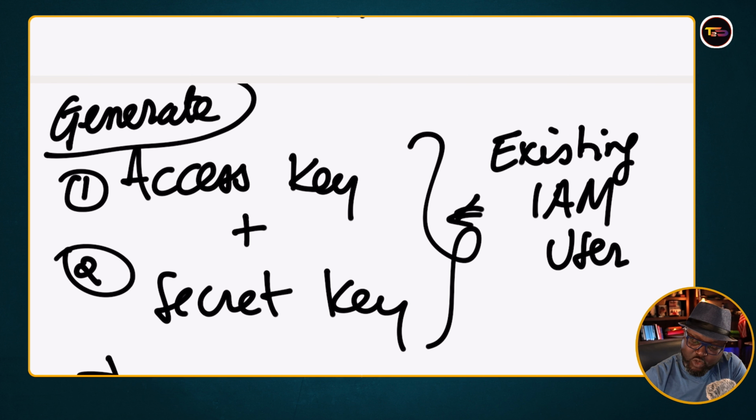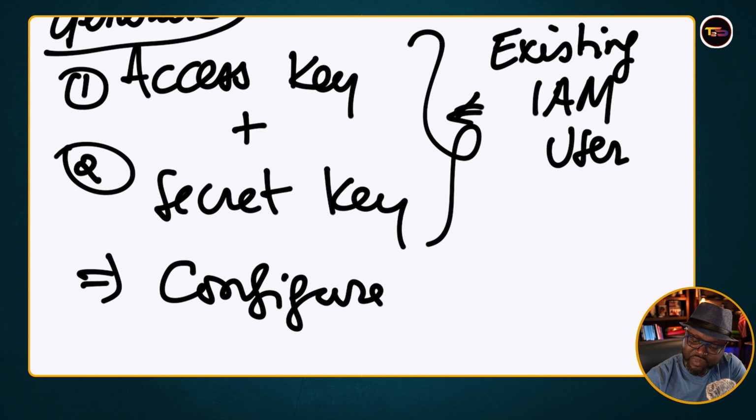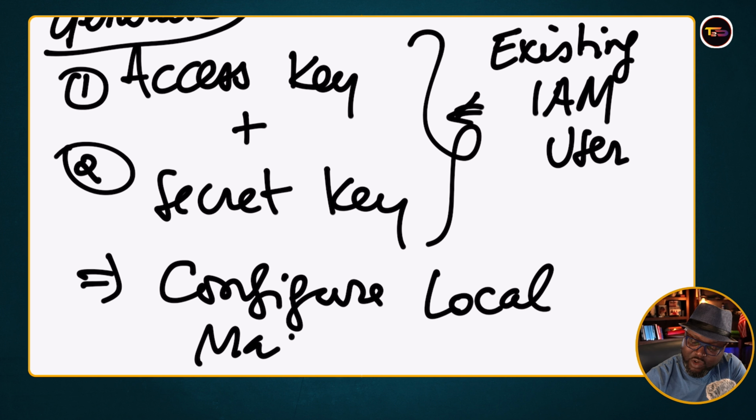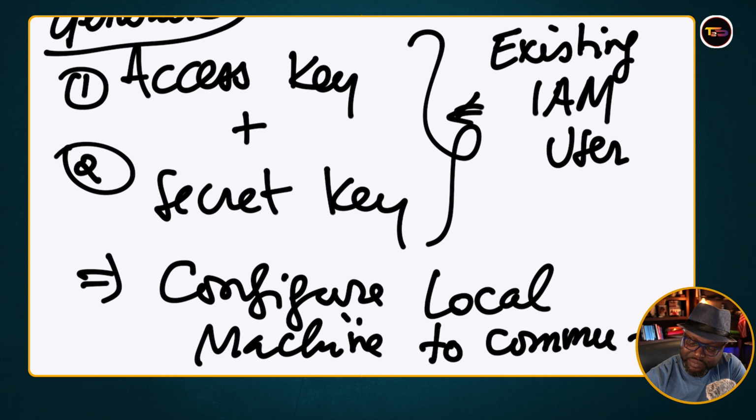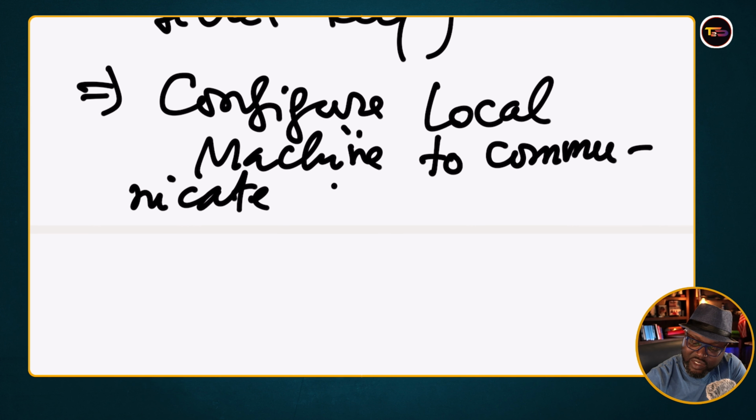You have these two keys so that you can configure your local machine to communicate with AWS.